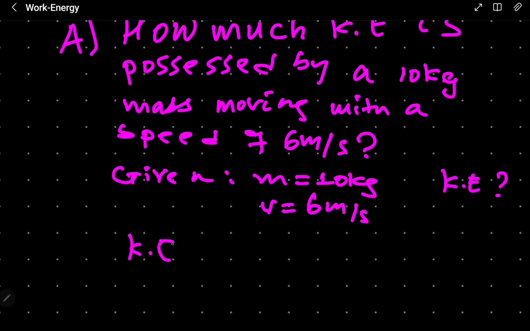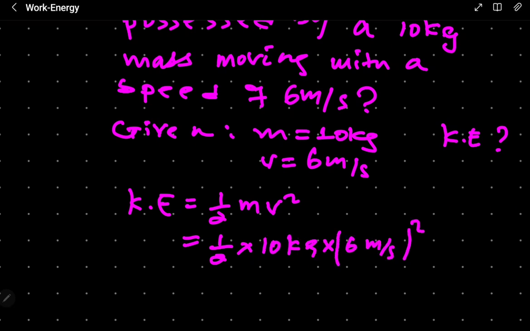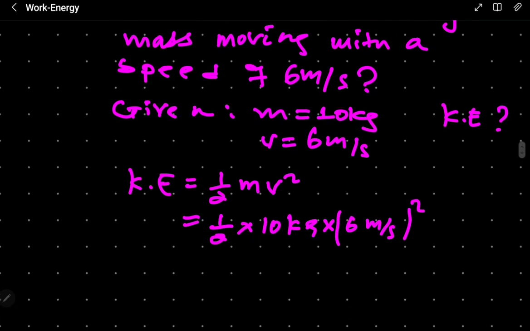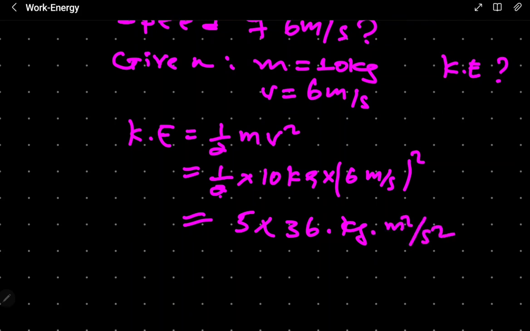So kinetic energy is equal to 1 over 2 times the mass times the speed squared. This time the mass is 10 kg times the speed is 6 meters per second squared. Actually kg is here, so kg times meter squared per second squared. This gives you half of 10 is 5 times 6 squared is 36 times kg times meter squared per second squared.